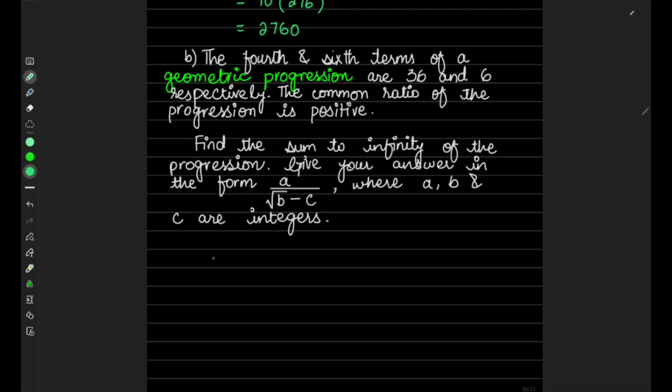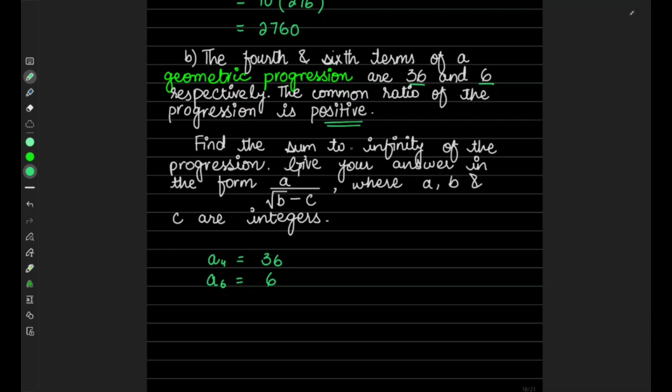Side by side, I'm also writing the fourth term is 36 and the sixth term is 6 respectively. The common ratio of the progression is positive. Another piece of information they have given you is that it is going to be positive.